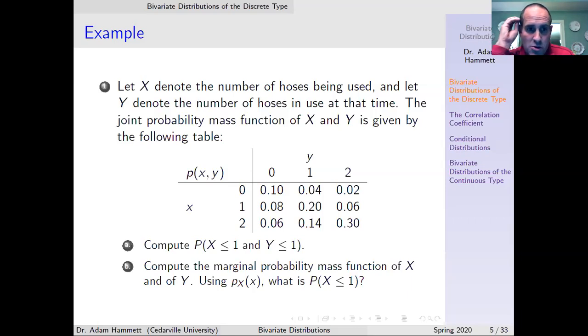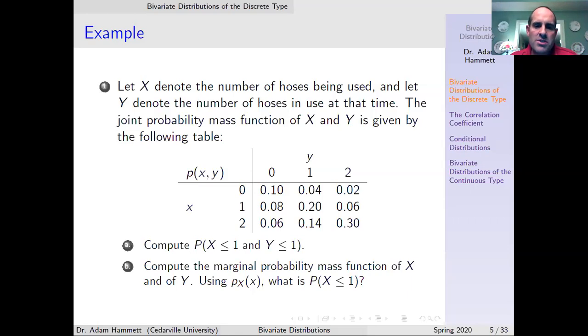It makes sense that one of those two is going to be smaller than or equal to the other one, but that's just an interesting feature of the setup. What really matters is the joint PMF, and here's the table for that. I have X values labeled down the left in rows and Y values labeled in columns.